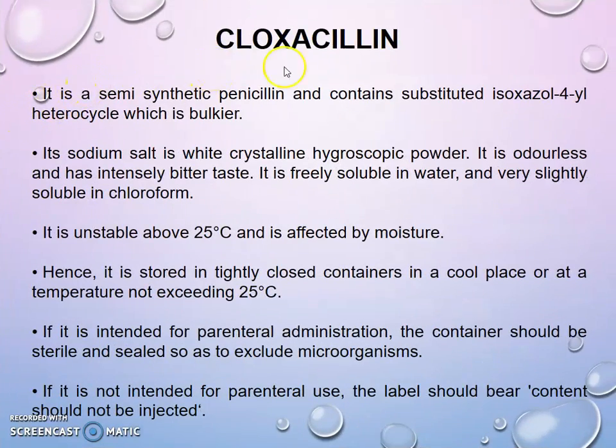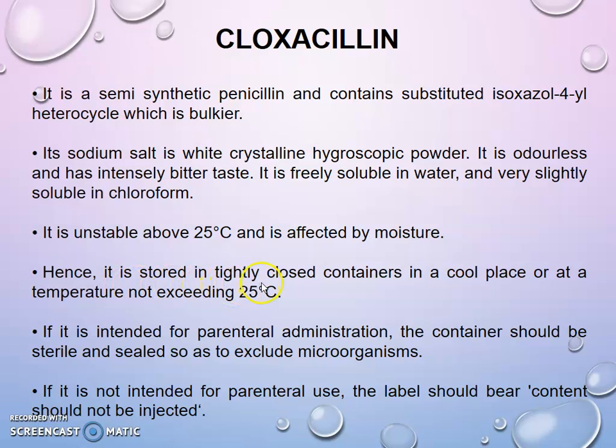Next drug is Cloxacillin. It is a semi-synthetic penicillin and contains a substituted isoxazolyl heterocycle, which is bulkier. Its sodium salt is white crystalline hygroscopic powder. It is odorless and has intensely bitter taste. It is freely soluble in water and very slightly soluble in chloroform. It is unstable above 25 degrees Celsius and is affected by moisture.